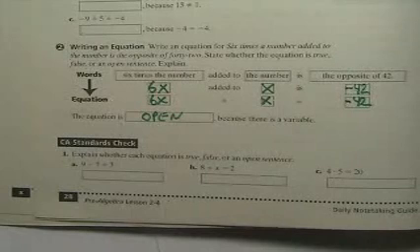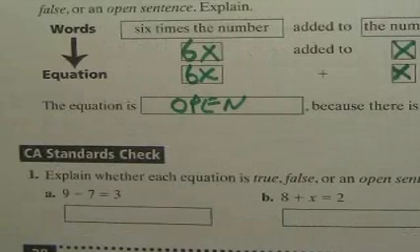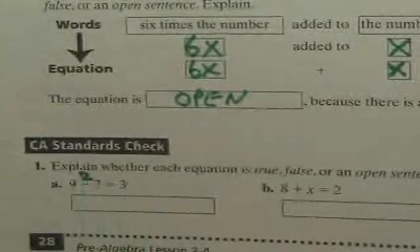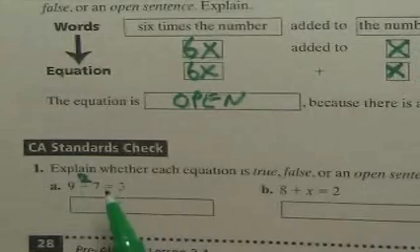Okay, at the very bottom it says, explain whether each equation is true, false, or open. So you have these three to write down: true, false, or open. Do that now quickly. Okay, 9 minus 7, that's 2. So 2 equals 3. Is that true, false, or open?